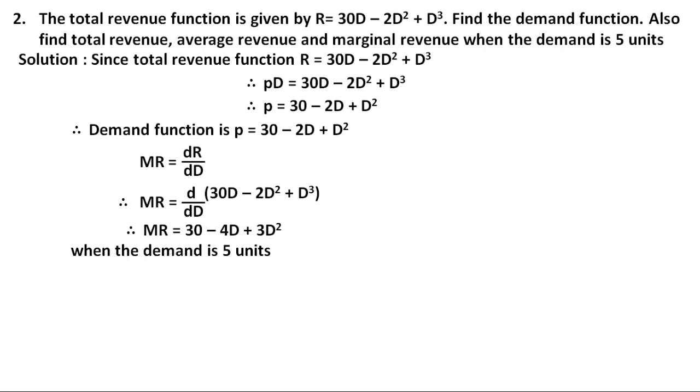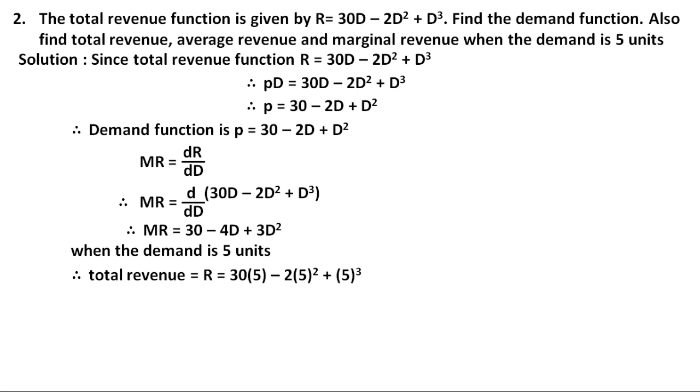First, find total revenue. Total revenue is R, and R is equal to 30 into 5 minus 2 into 5 square plus 5 raised to 3.